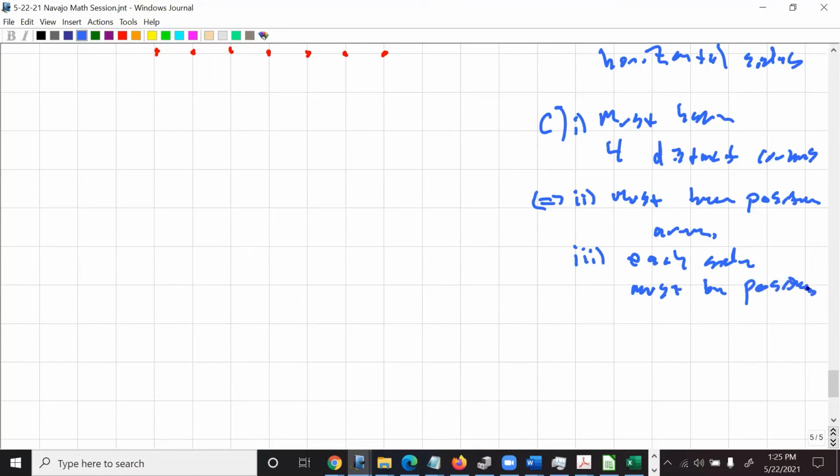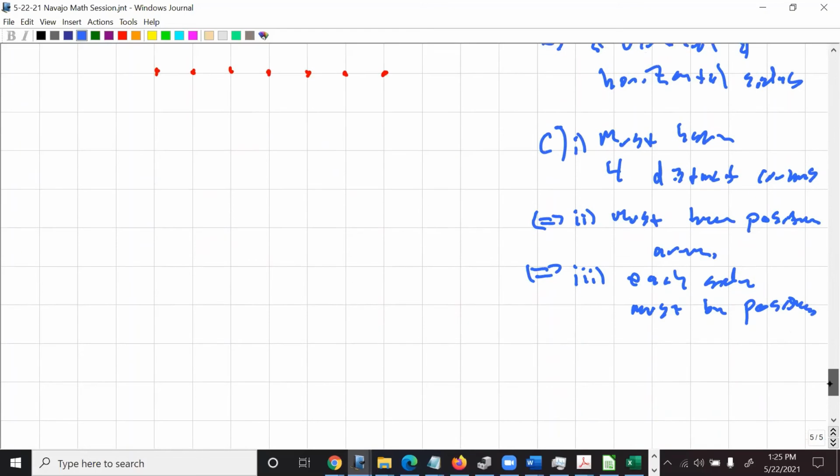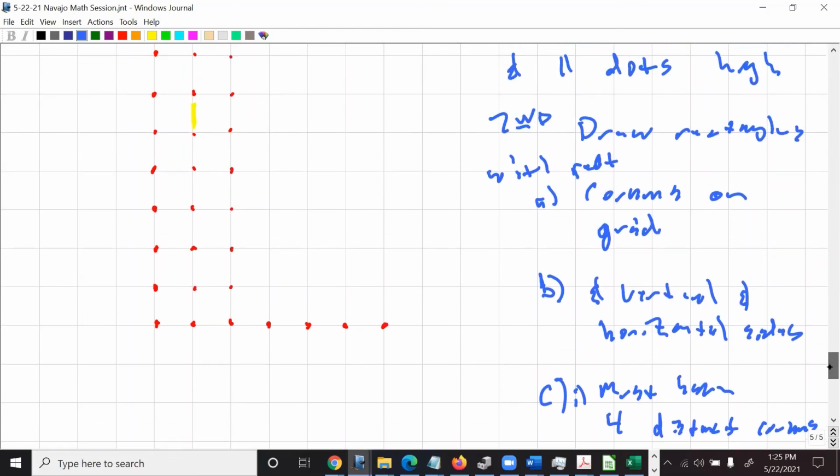So, in fact, I'm claiming that these 3 conditions are all the same. I'm not telling you why they're all the same, but these are the conditions that specify these rectangles. And then the problem is to count how many rectangles.